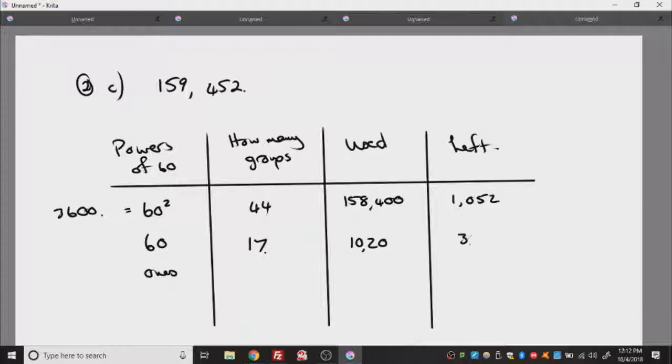And I only have a little 32 left. Yes, it totally should. Still only 32 left. And I have the ones, so that was the ugliest 3 I've ever written. The ones to mop it up. Which tells me how to split up this 159,000 into 44 groups of 60 squared, 17 groups of 60, 32 left.